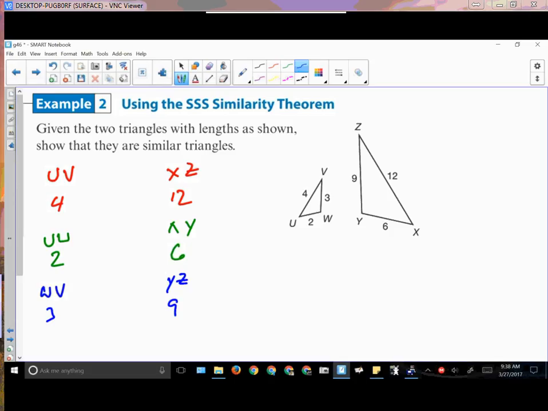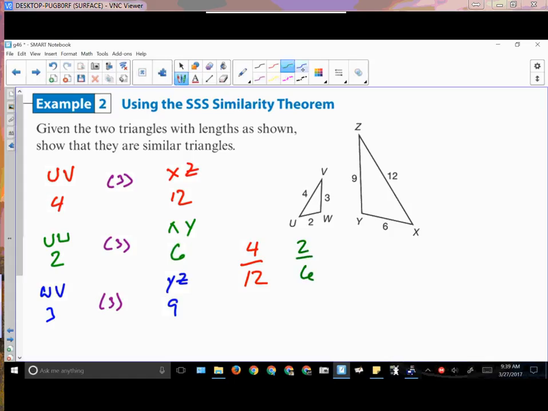Now, how much bigger is the bigger one? 3 times the size. So if I take this one, multiply by 3, multiply by 3, multiply by 3, does that work? Yeah. So what we can do here is we can look at the ratio of these sides. So if I take the first one, 4 over 12, the ratio of the next one, 2 over 6.